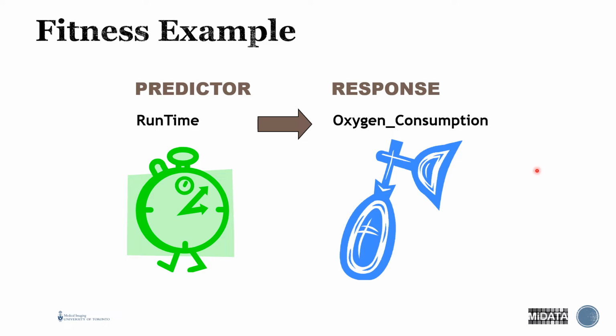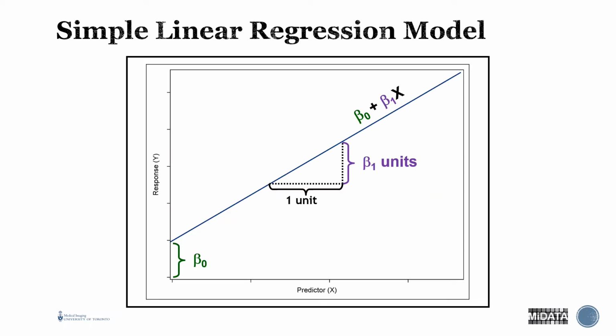Here's an example, of course. Let's say you have fitness, and your predictor is runtime and your response is oxygen consumption. So if you were to graph your data, you're going to have your predictor on the x-axis, your outcome or response on the y-axis. You're going to obtain your line of best fit, or your regression line, on your graph. In this case, it is a positive relationship. The distance from your origin to the intersect with your y-axis is going to be your intercept, so beta naught in your equation.